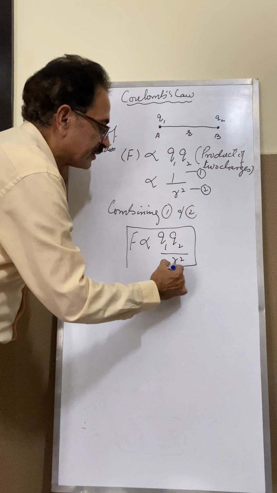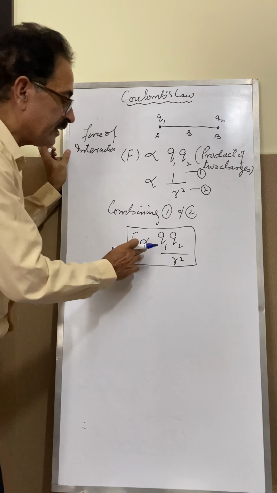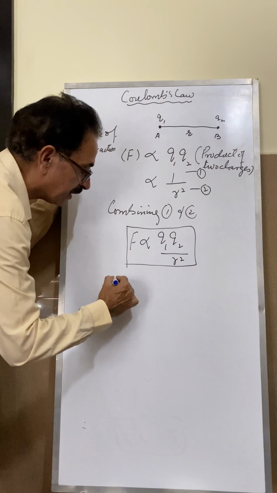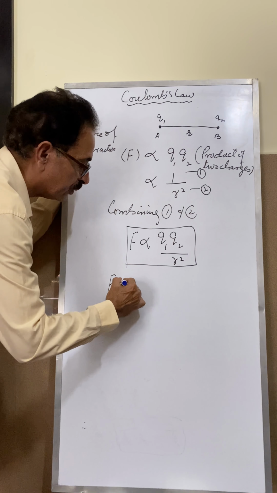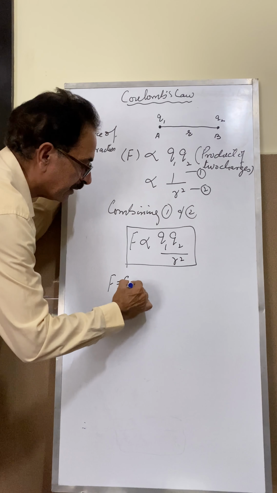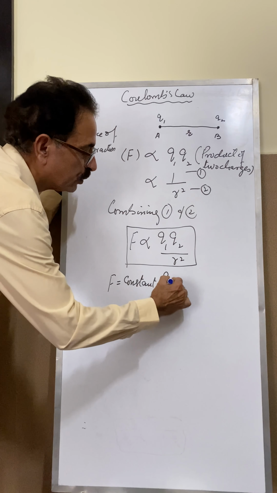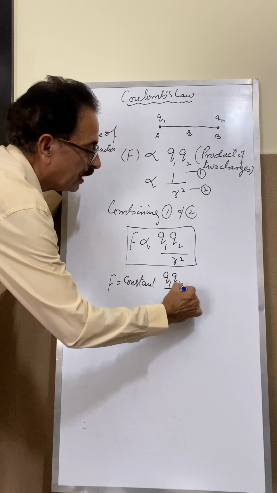This is Coulomb's law. We change this proportionality to an equality by multiplying by a constant. F is equal to constant times Q1 Q2 upon R square.